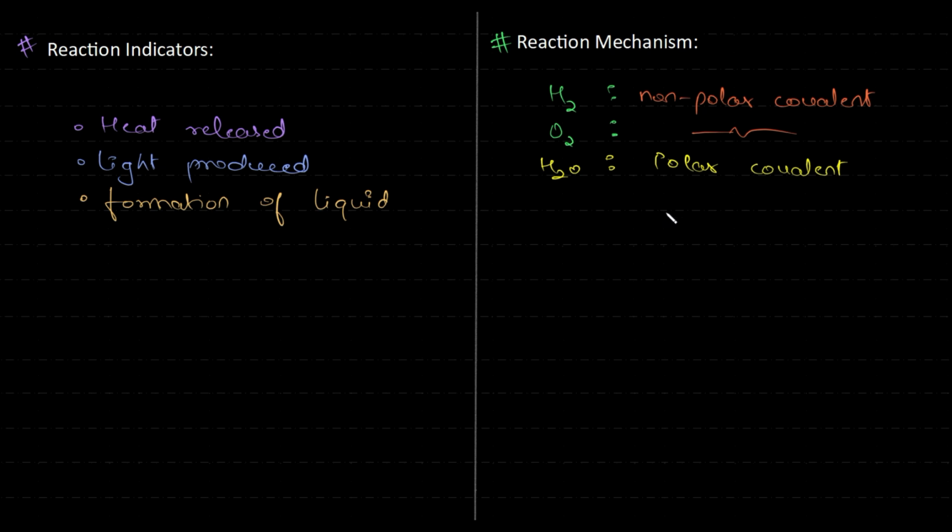So what exactly happens? When we provide H2 with energy, what happens? We have hydrogen radicals. So these are eager to react. And similarly, we have O2 and they become oxygen radicals. Again, what are radicals?